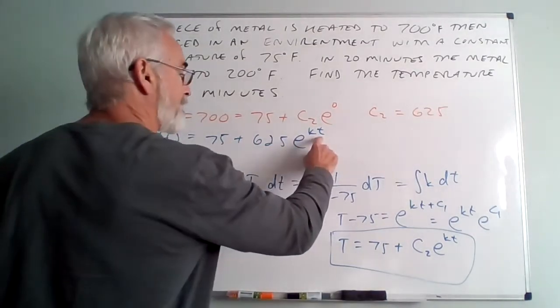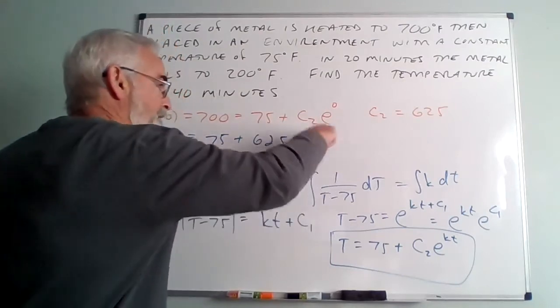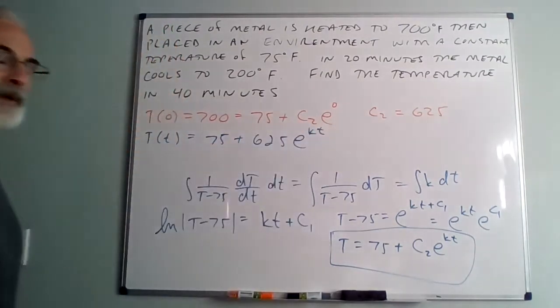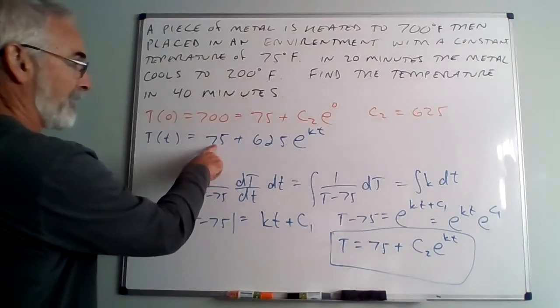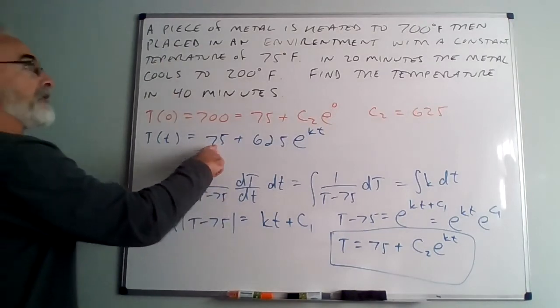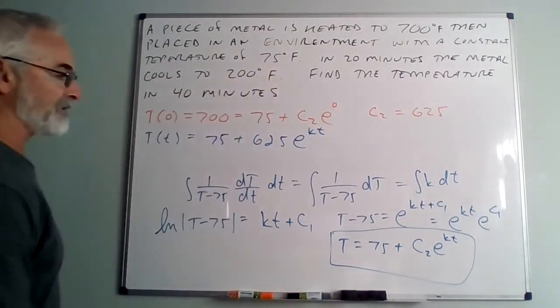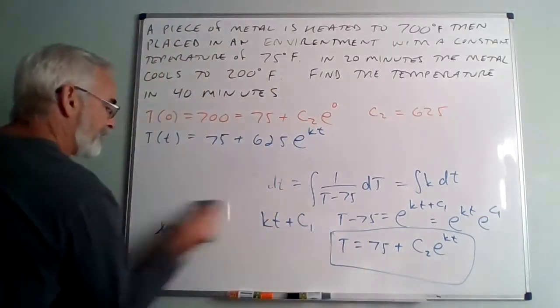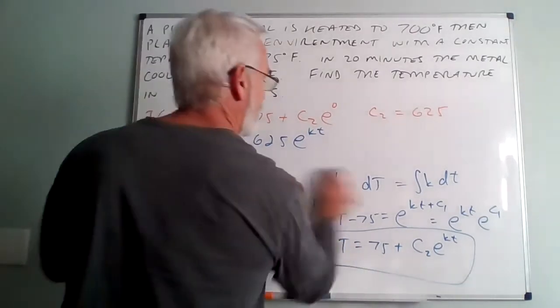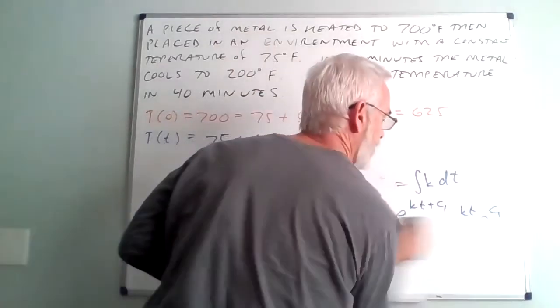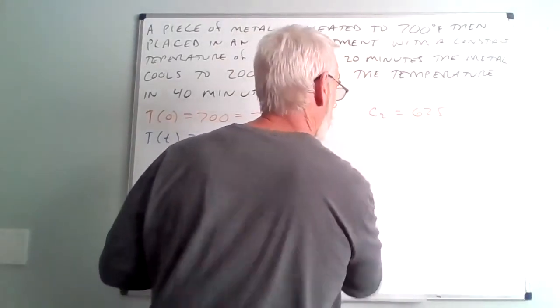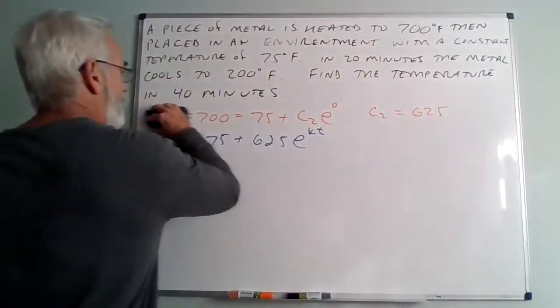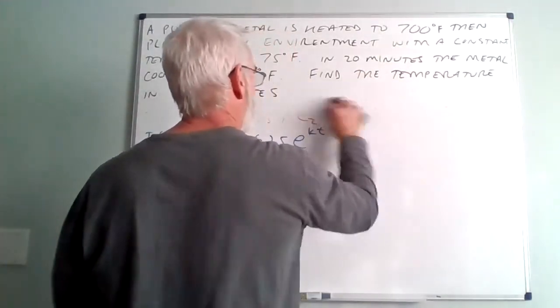And as t grows, this quantity should get smaller and smaller because it's cooling down, eventually asymptotic to the 75-degree room temperature. That's a good sign. So now we will take the one piece of information that in 20 minutes, we know the temperature.